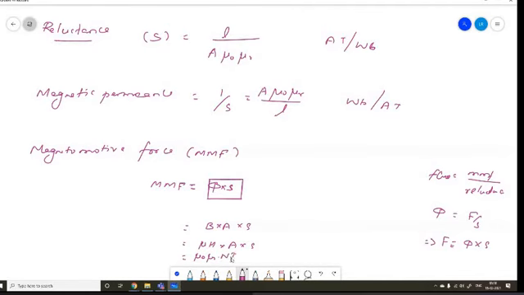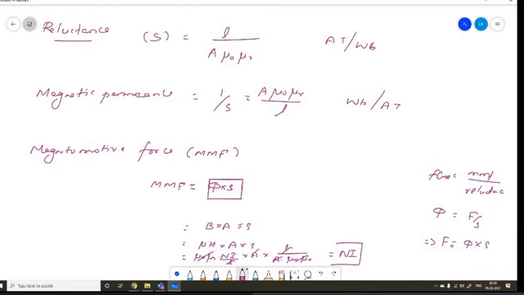We have expressed this already as Ni by L, into area of cross section, into what is S? It is again L divided by A mu 0 mu r. So now mu 0 mu r get cancelled, A gets cancelled, L gets cancelled. So I can write it as N into I. So this is one relation.